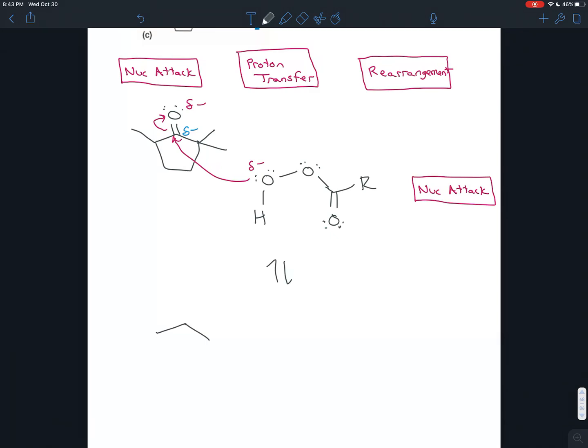So what we have after that nucleophilic attack is that same 5-membered ring with all its accoutrements, all of its branches on it. Now we only have one bond to this oxygen here, which has 3 lone pairs and a full negative charge.